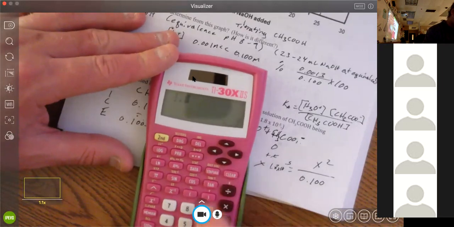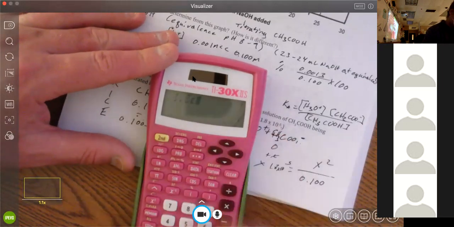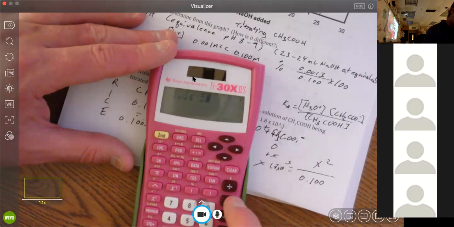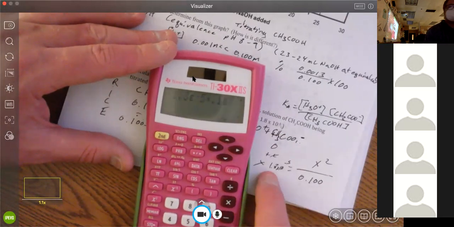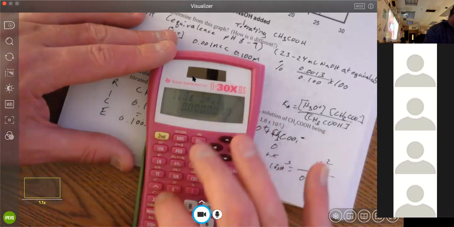1.8 times 10 to the negative 5th times 0.1, equation rearrangement, and then we take the square root of that.